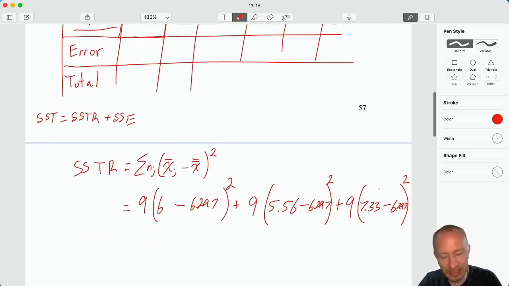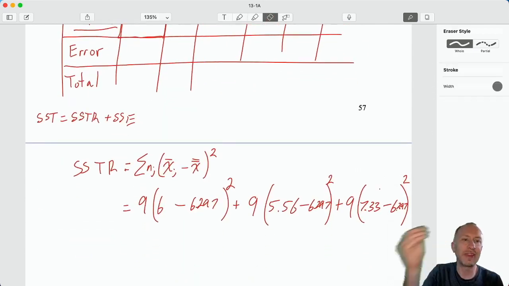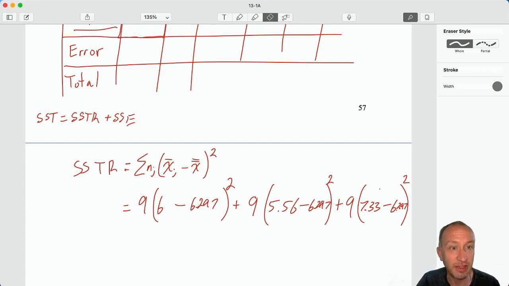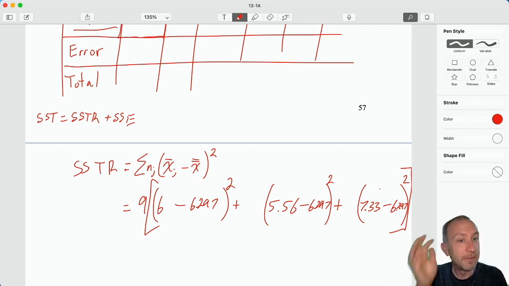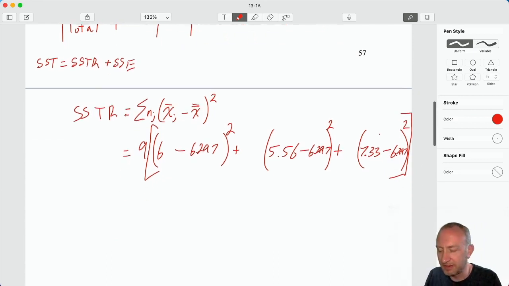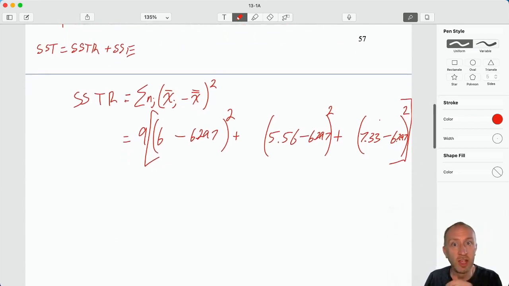And now I can also see that I could factor out that 9 and reduce the number of button presses required. So I factor out that 9, calculate the whole thing, and then multiply the end result by 9, so I only need to do that multiplication once. So the first one, 6 minus 6.297, squared.